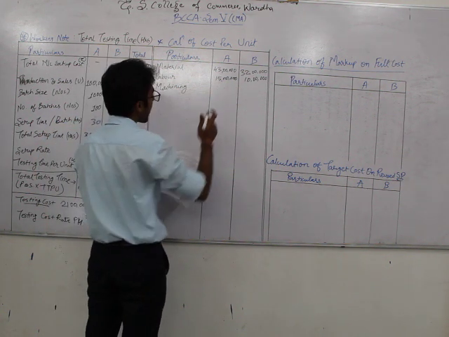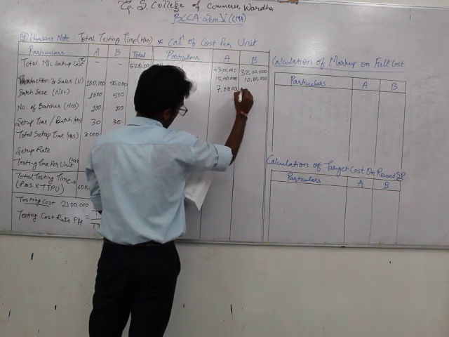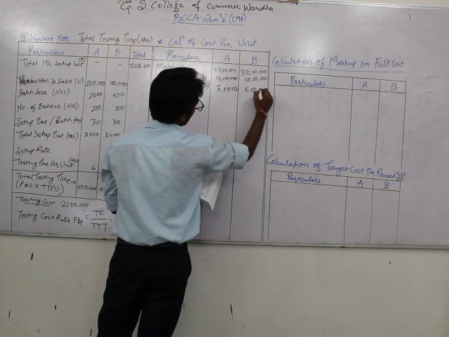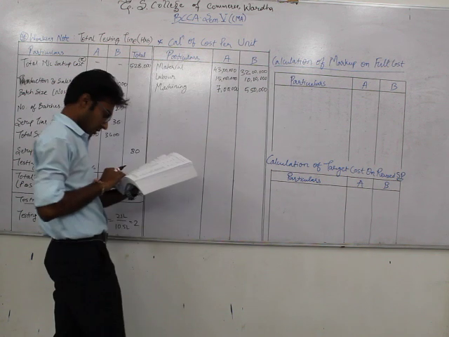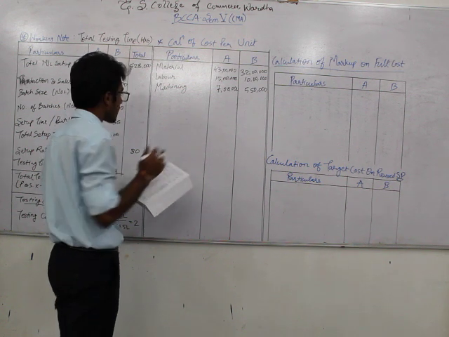Machining is 7 lakh and 5,50,000. After that, machine setup cost.